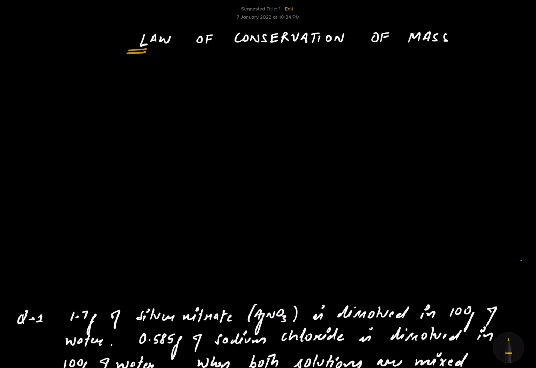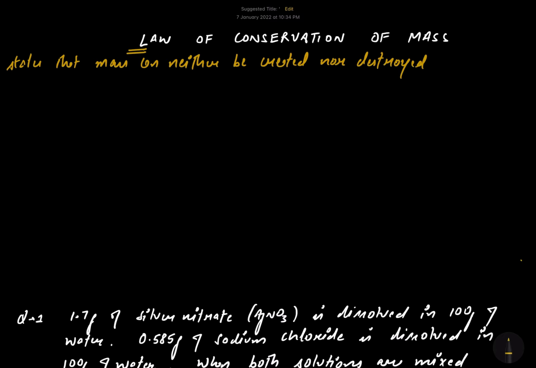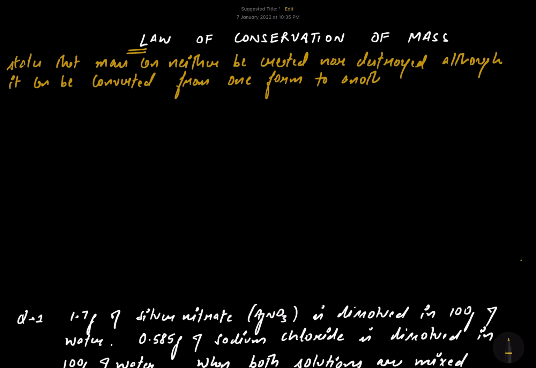The law of conservation of mass states that mass can neither be created nor destroyed, although it can be converted from one form to another.